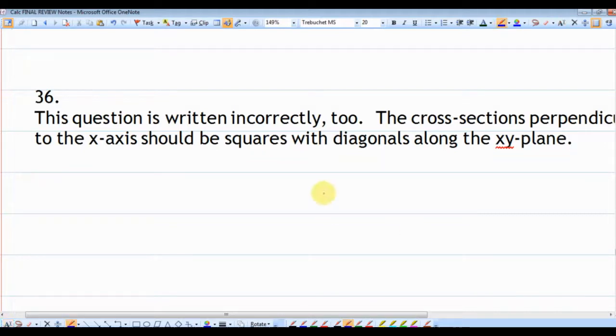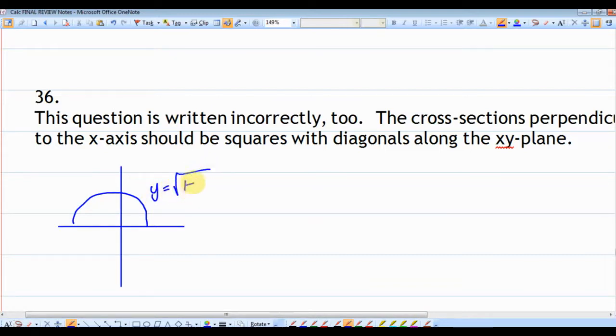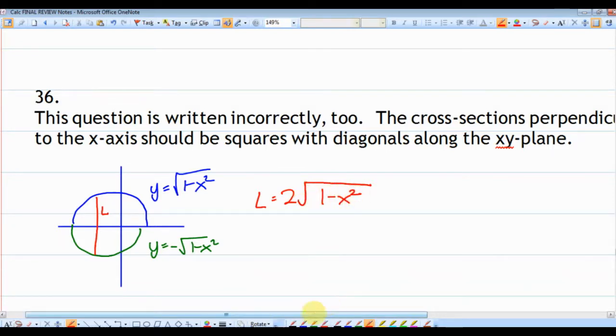So we have semicircles. Let's draw this out. They're like two little semicircles. Top semicircle, y equals root 1 minus x squared. Bottom one, y equals negative root 1 minus x squared. There's my length L. L is going to be 2 times the square root of 1 minus x squared.